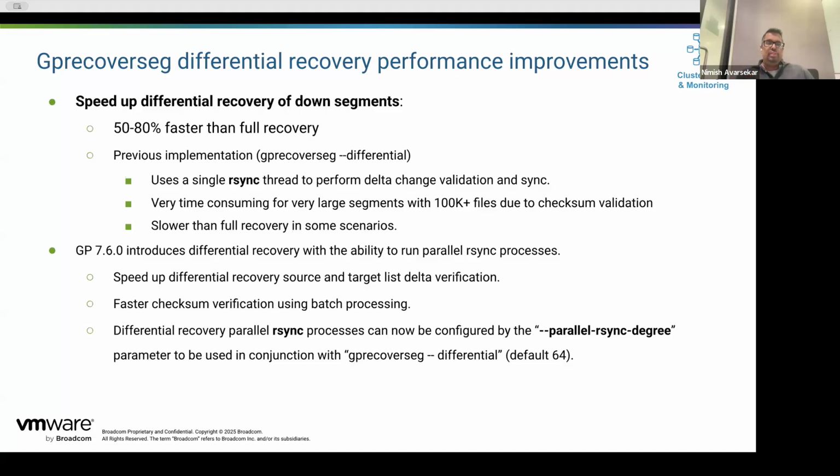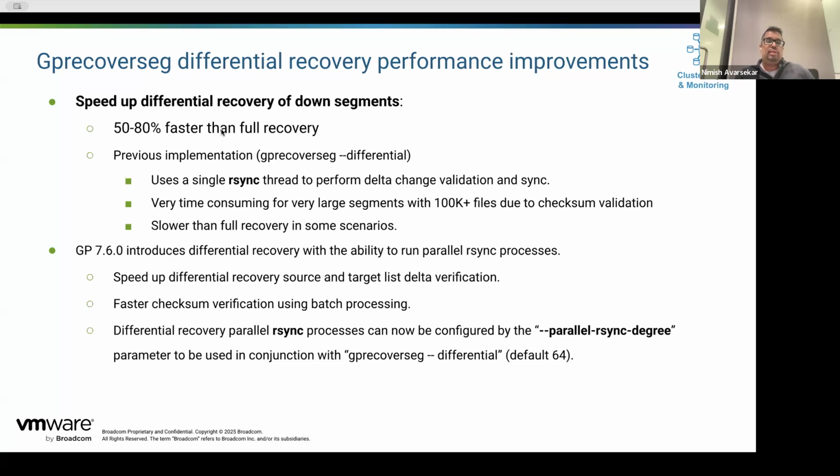Usually this would introduce some performance hit, especially if you are syncing delta changes between extremely large segment data directories. As I said, in earlier versions there was a single-threaded rsync process doing the sync, and it might introduce some performance hit.